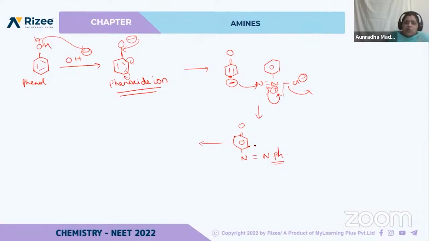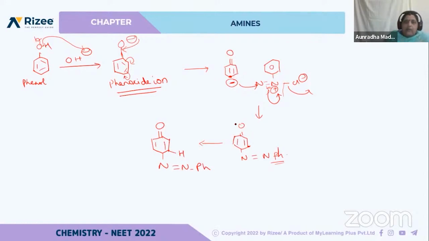So what is the next point? Hydrogen has to be lost to retain the aromaticity. How is it going to be lost? N double bond N Ph. Here hydrogen is there.